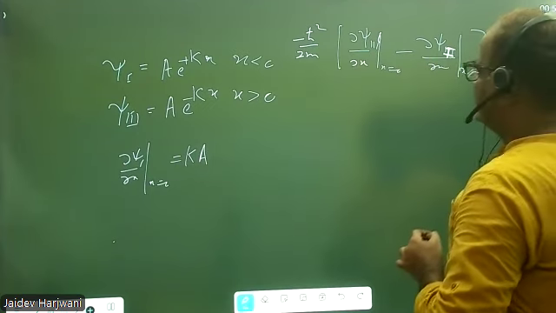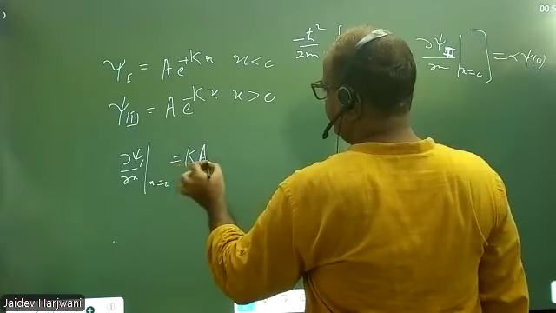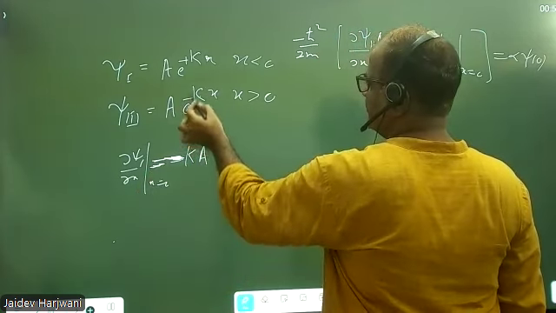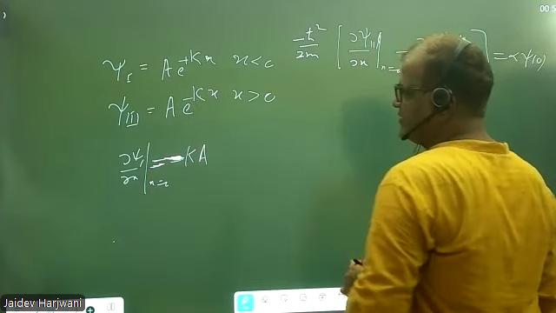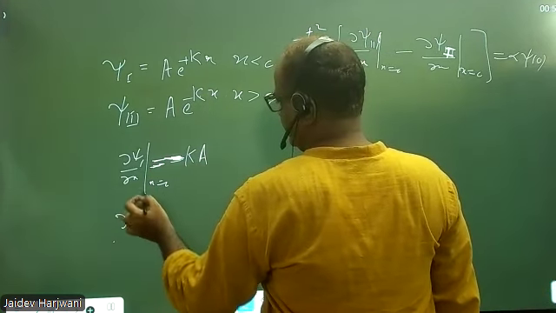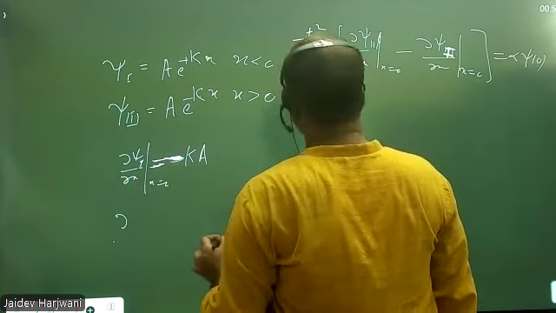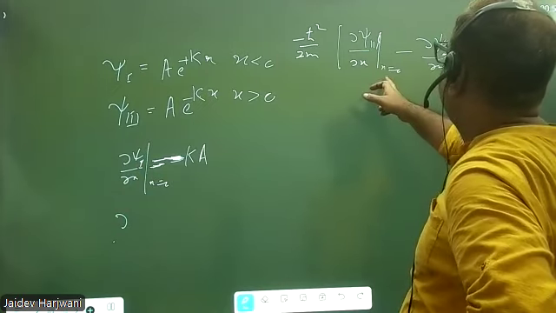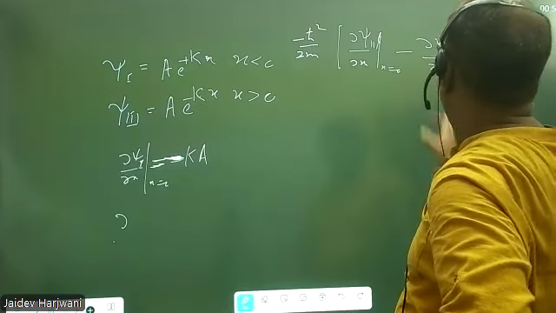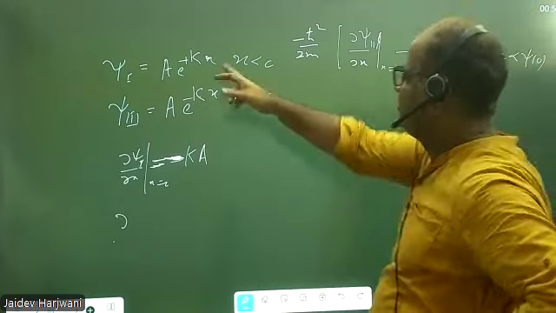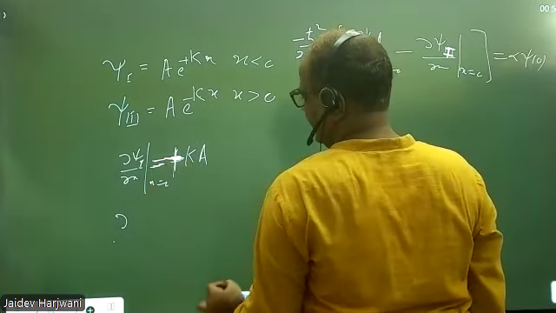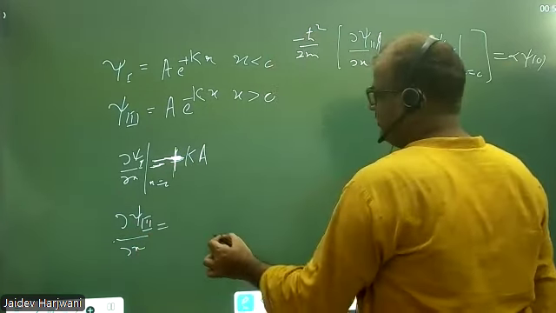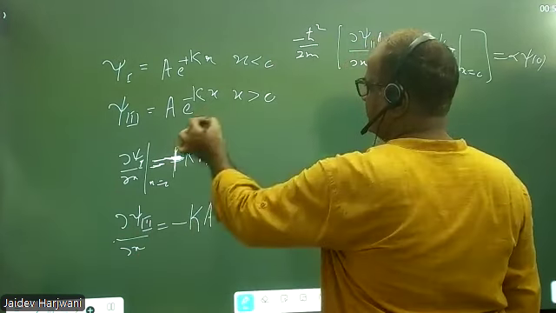So this will give you minus κ e^(-κx) at x equal to 0, which becomes 1, so this has the value minus κ. Similarly, for ∂ψ₃/∂x, this should be positive κ. It will give you minus κA at x equal to 0, where the exponential becomes 1.